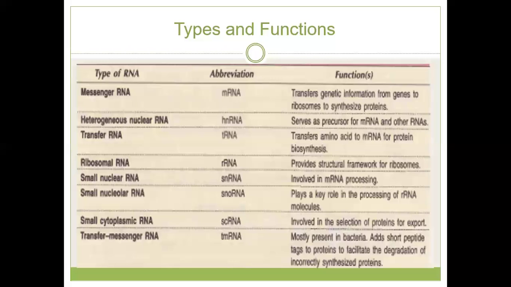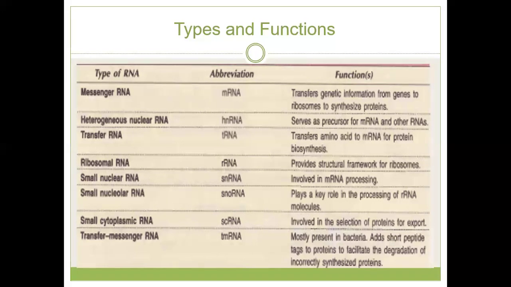Now, if this genetic information is going to be utilized, most especially to produce a protein, that genetic information is copied to RNA. The type of RNA that contains this genetic information is called the messenger RNA. So the messenger RNA is the one involved in the transfer of this genetic information, usually from DNA, and then it is utilized to produce a protein.